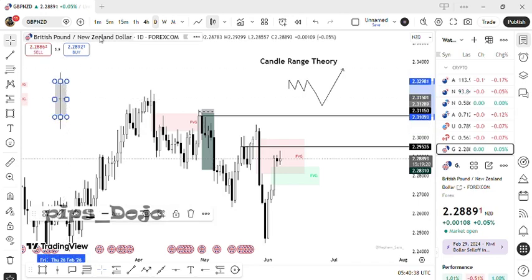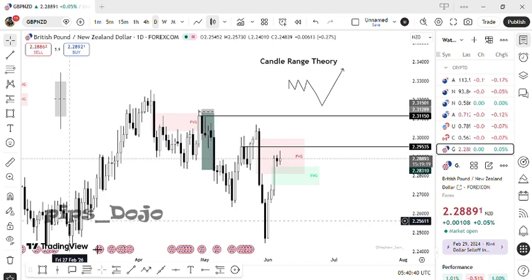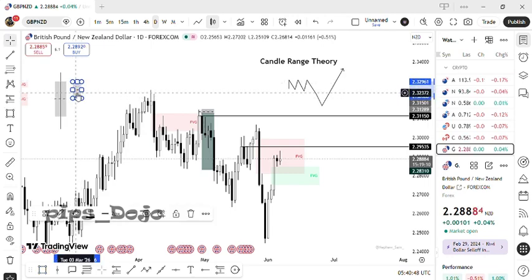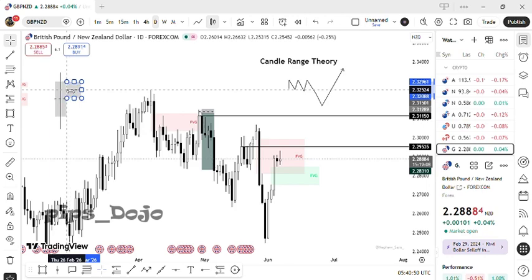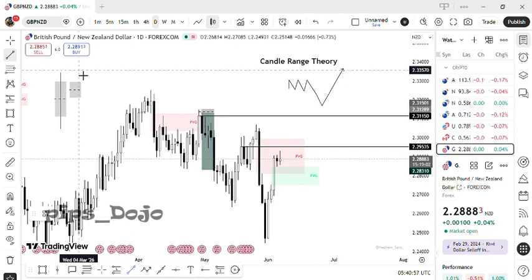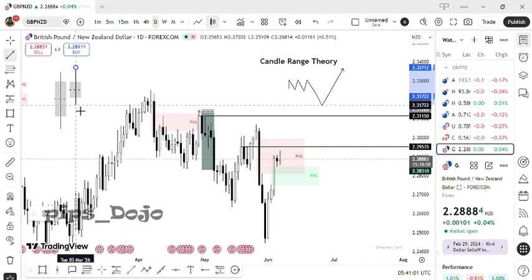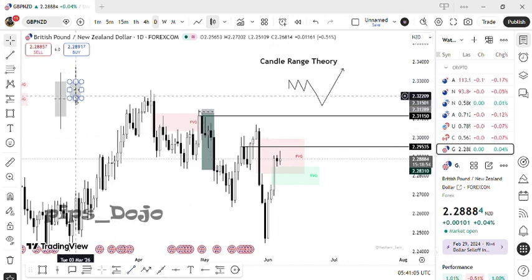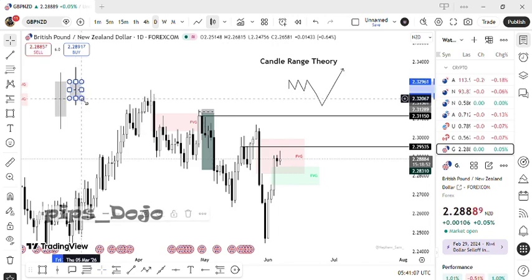So your first candle goes like this, then the second candle manipulates either the top or the bottom, wherever. So you have something like this. Let me label this.